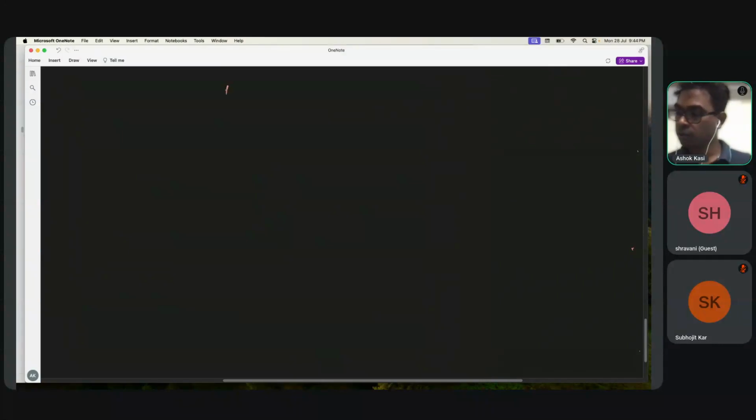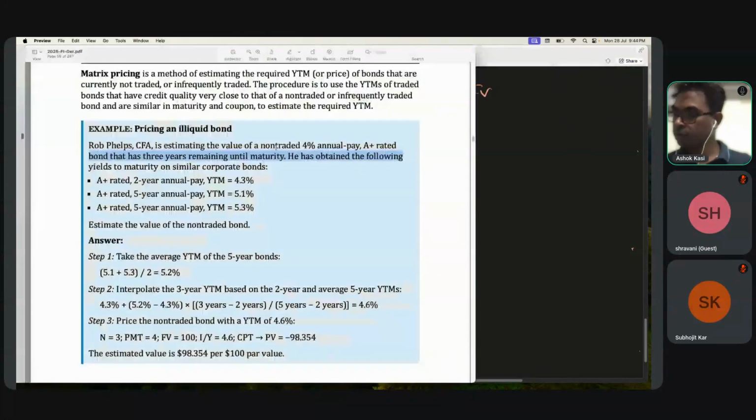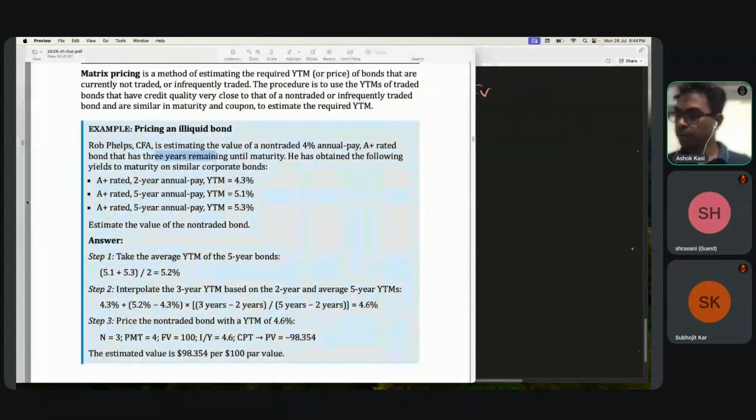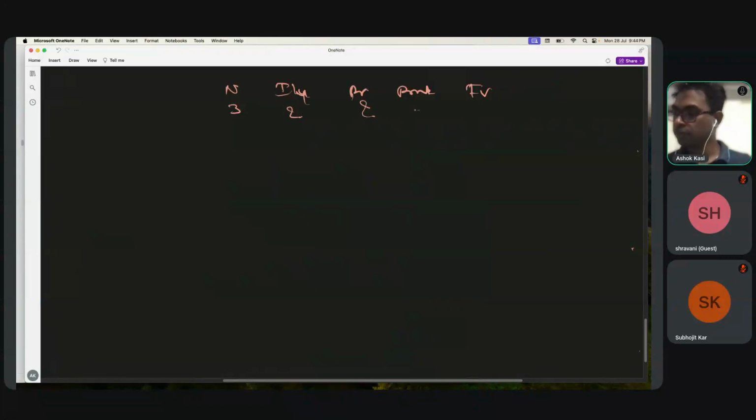Now what do we require exactly? We know it is a 3 year bond, so N is 3. I/Y we don't know. Present value we don't know. Payment is 4% means 4, and future value is 100.